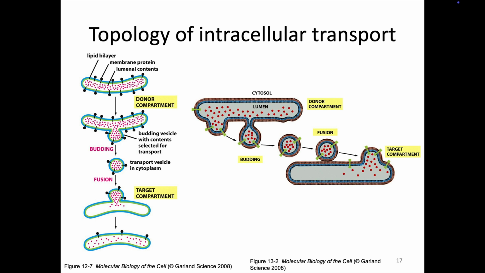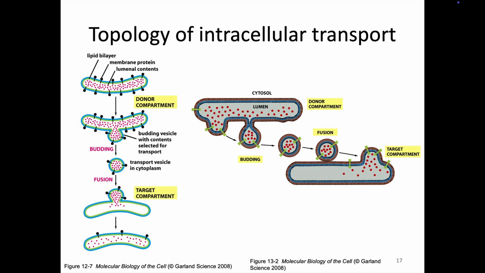So what you can notice is when we bud off and make this transport vesicle, we had blue lipids on the outside. It buds off and blue stays on the outside. And then when we merge this vesicle into the target compartment, the blue stays on the outside.